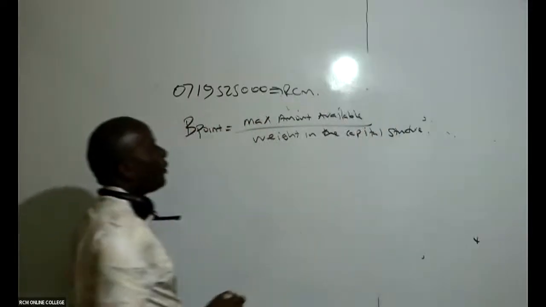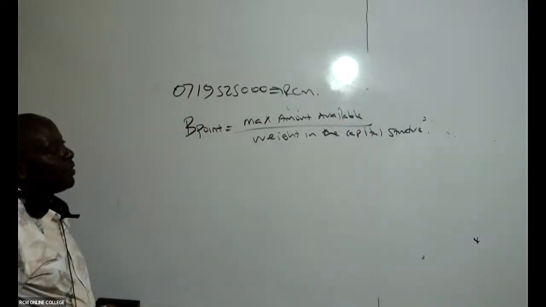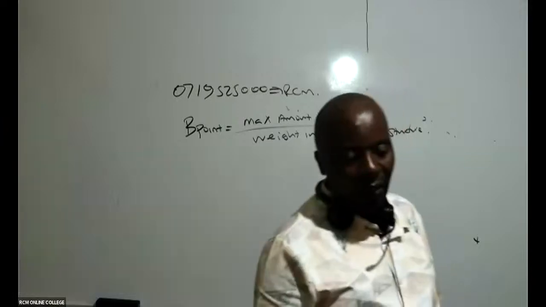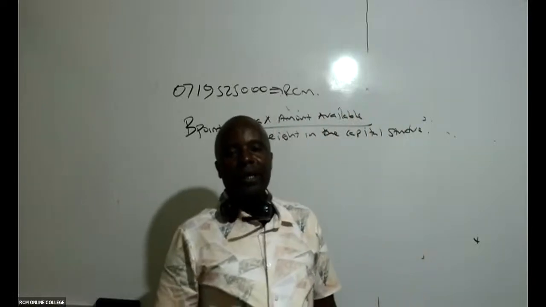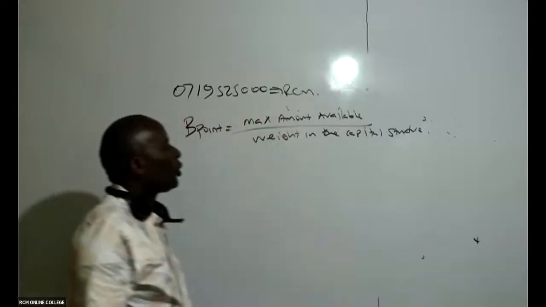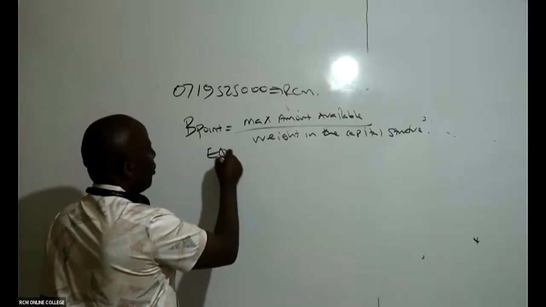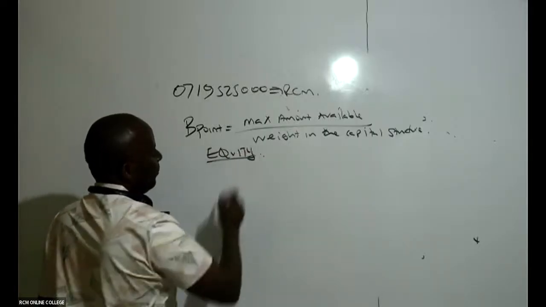This is a very important formula that I want you to write. Maximum amount available divided by weight in the capital structure. And we shall get the breakpoint for equity and for debt.